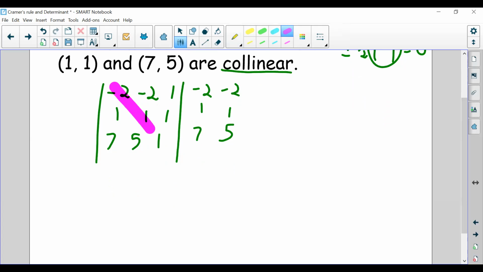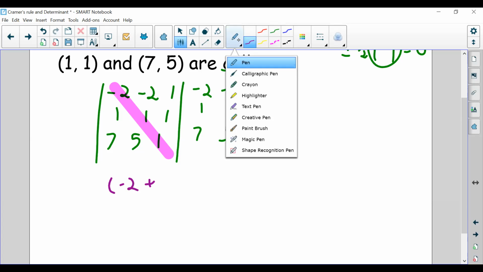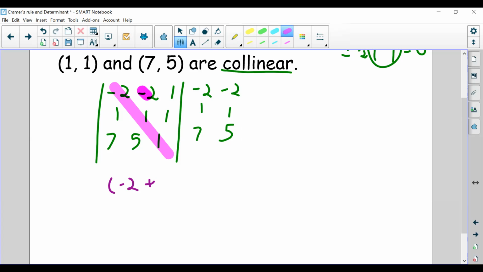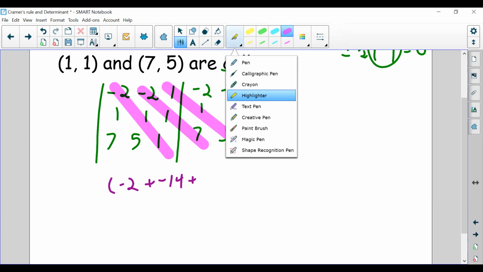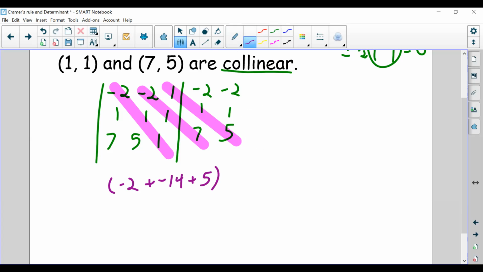Okay, so what is my -2 times 1 times 1? That's -2 plus -2 times 1 times 7. That's -14 plus 1 times 1 times 5. 5 minus, we'll go up with blue.